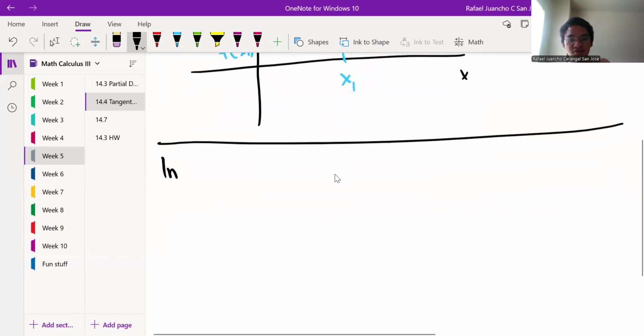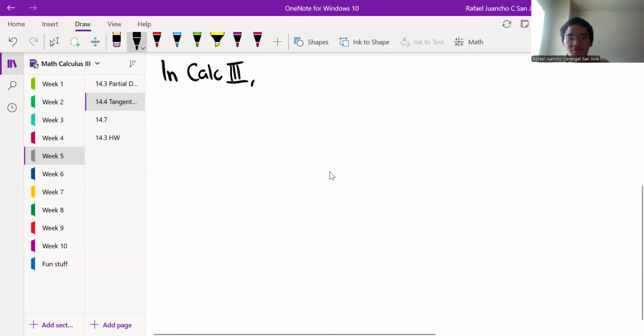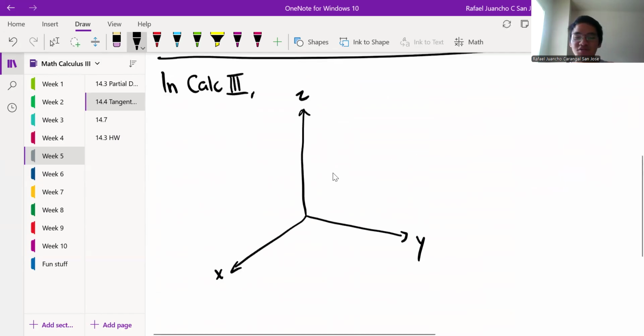We can take the derivative, do some analysis and whatnot. But moving on to Calc 3, here now we talk about not tangent lines, but tangent planes. So here we're given a 3D space. So we have my XY plane, as well as my Z axis.